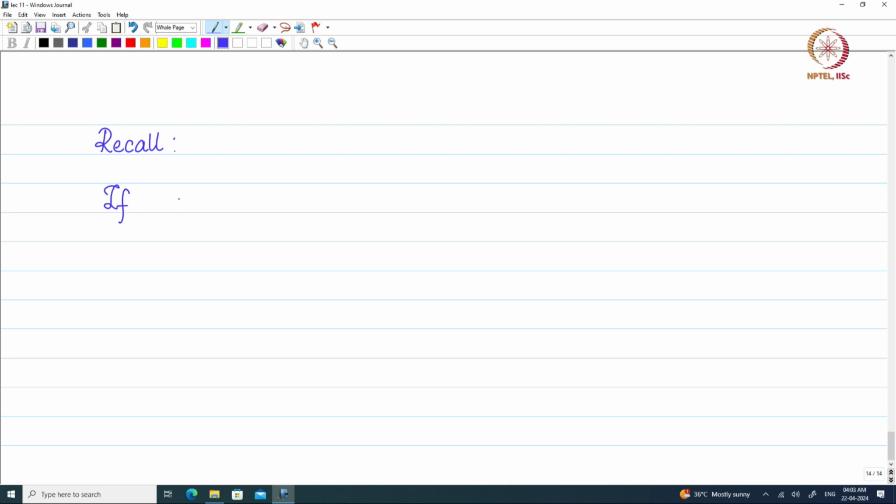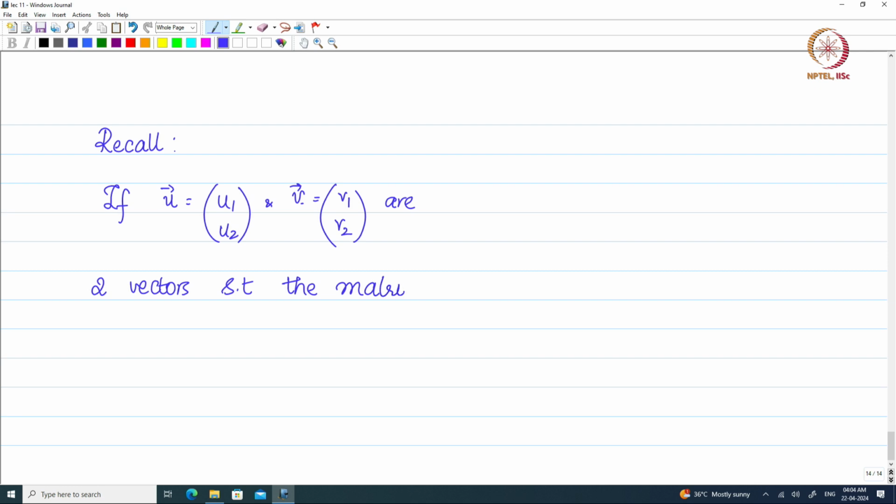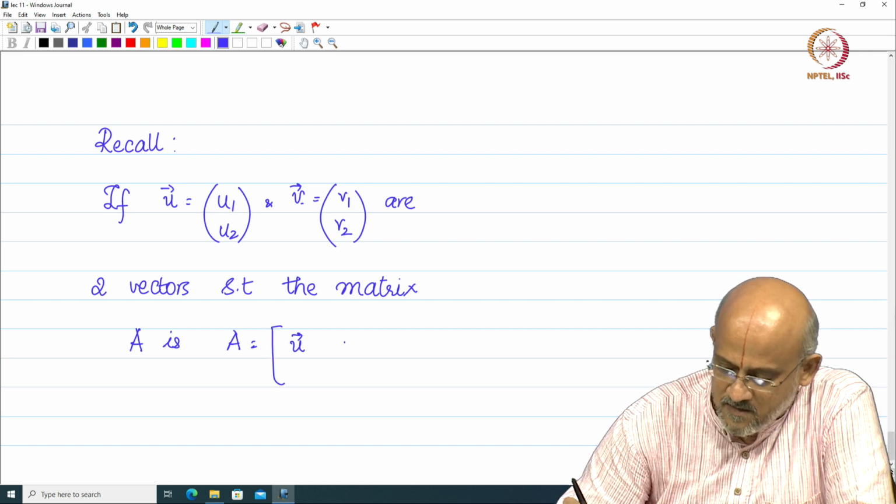So, recall, let us say u was a vector, say u1 u2, and v be the other vector. Let us say the matrix A is defined as A is equal to this vector u and the vector v.